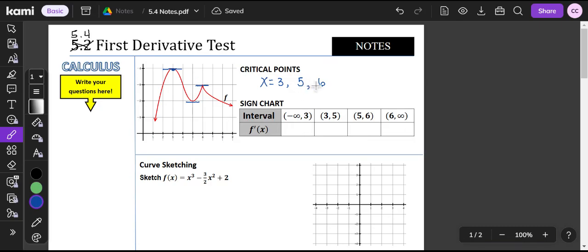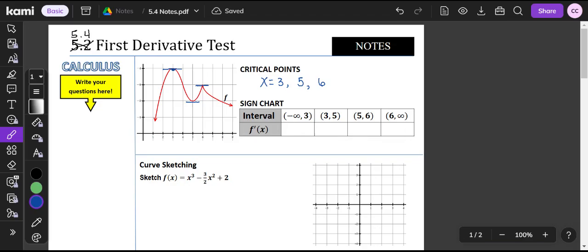And I want to try and figure out, well, what is this function doing in and around those critical points? So in the last lesson, we set up a chart very similar to this. I can take the interval before 3, in between 3 and 5, in between 5 and 6, and then after 6. And I can use the derivative of this function to figure out what my function is doing.